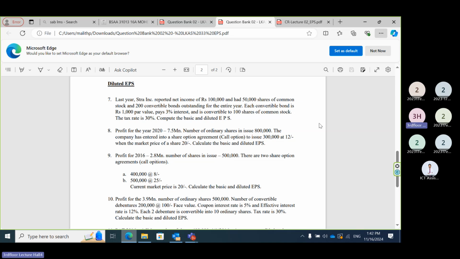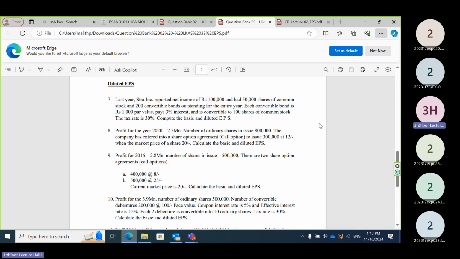That's the core concept you should learn. Once you have a bonus issue, let's say in the financial year 2023, you had 500 shares.